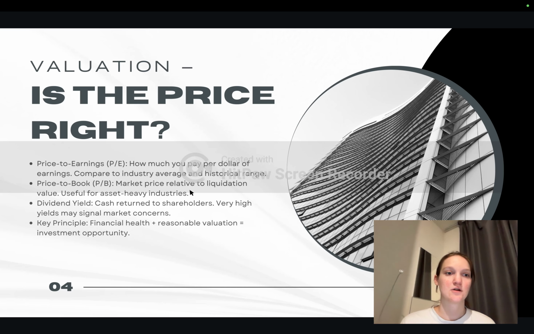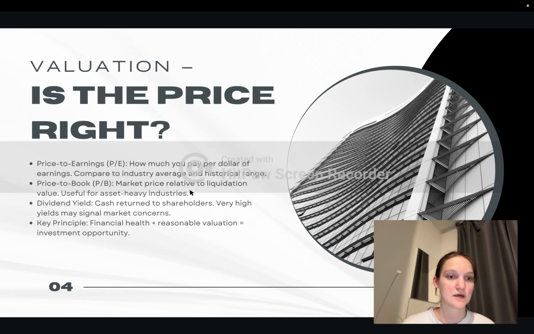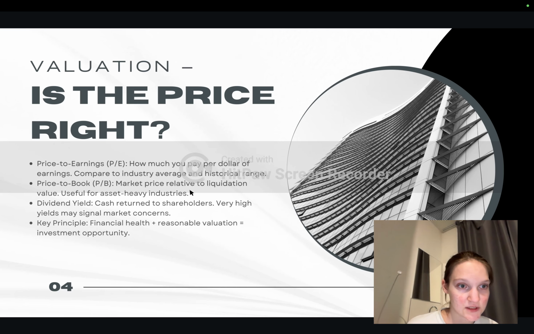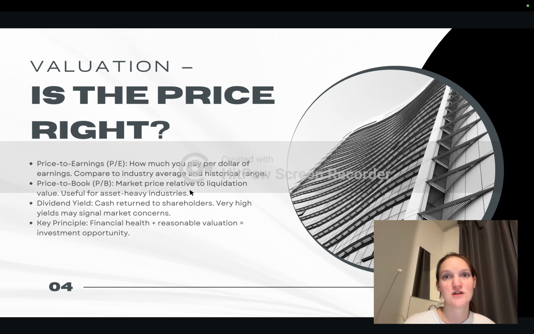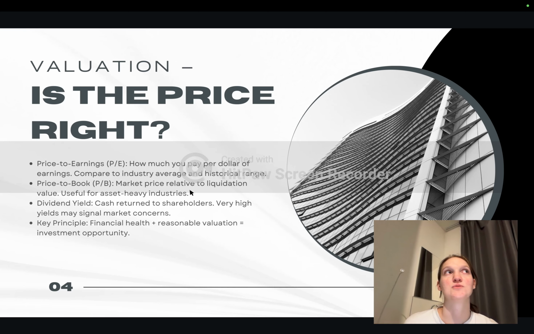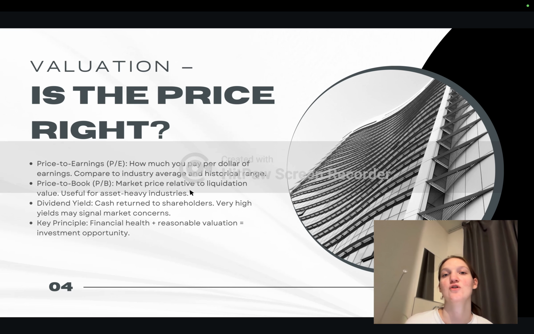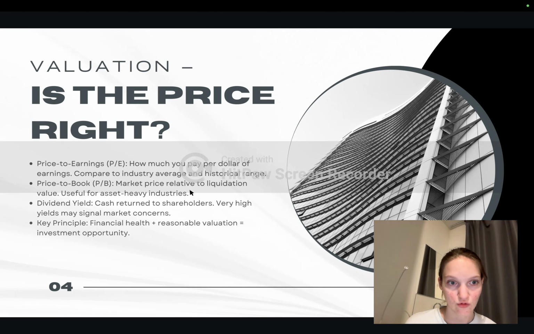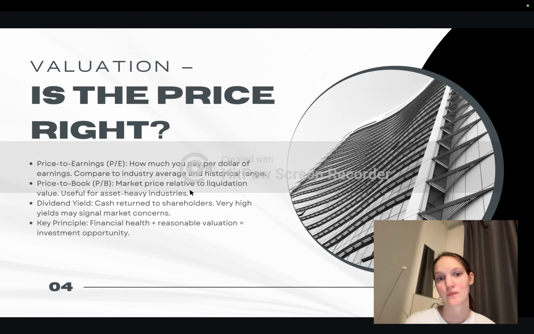So now let's take a look at a couple of ratios. Price to earnings is the ratio showing how much money investors pay to get each $1 of earnings. It makes sense to compare with other companies in the field, because it may vary.